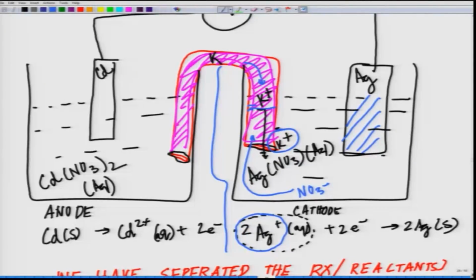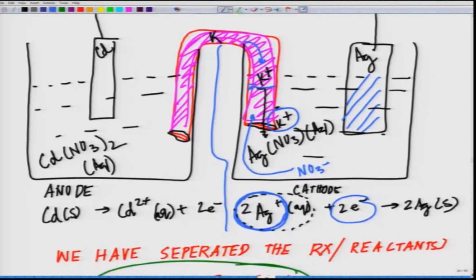On the contrary, if you look at the anode side, something very interesting is happening. As the cathode is pulling out some of the positive charges in order to maintain balance, why is it happening? Because out here this Ag plus is getting reduced by the electrons which are coming from the cadmium side.